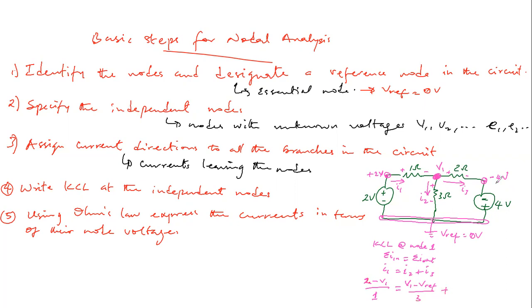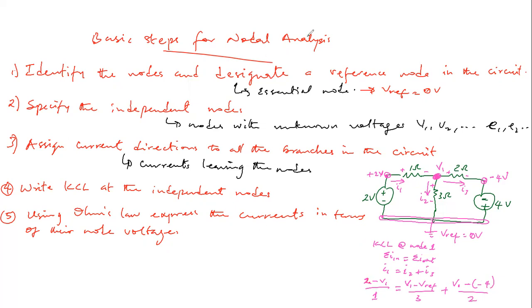Plus I3, which is V1 minus, this node is negative with respect to this, but the voltage value is negative 4, then minus negative 4, divided by 2 ohms. Yeah, so we've established that point.